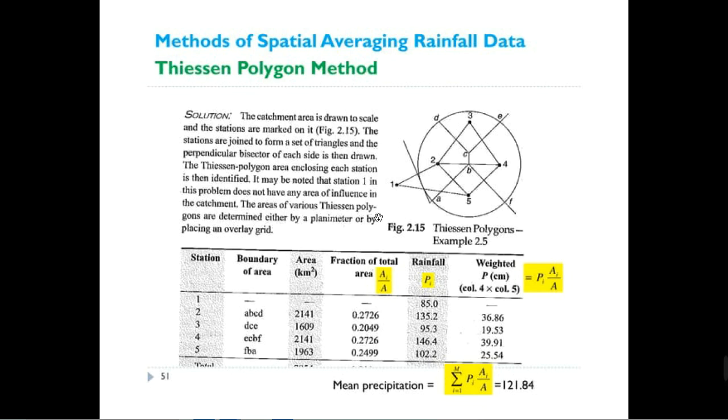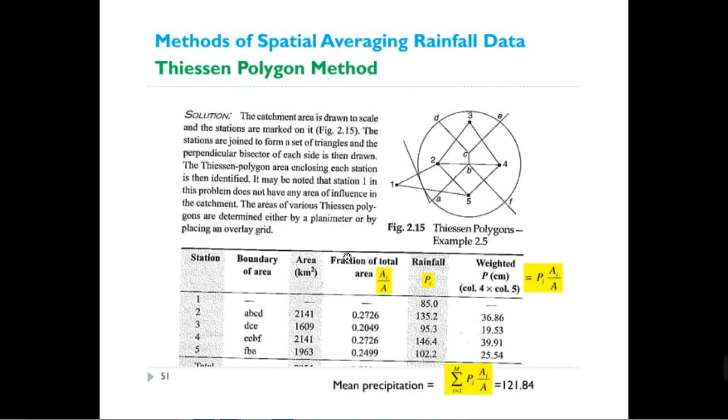The areas of the various Thiessen polygons are determined either by planimeter or by placing an overlay grid. With the areas A divided by total A as the fractional area, and rainfall P as the weight, you can find the mean precipitation.